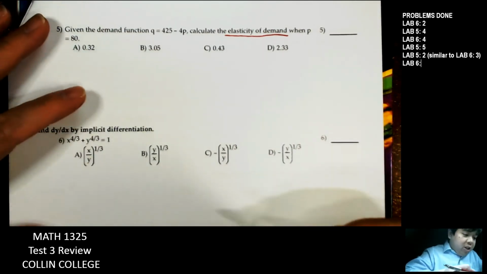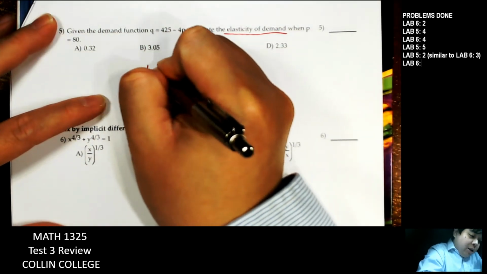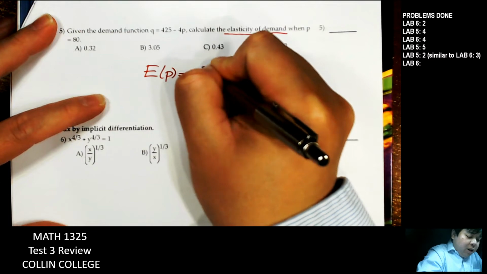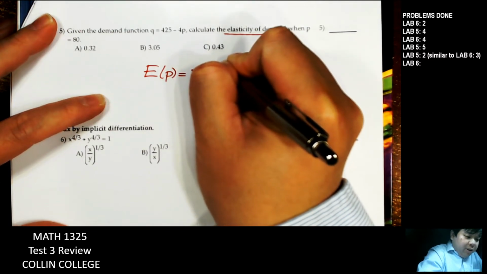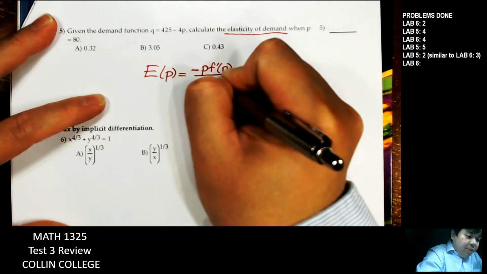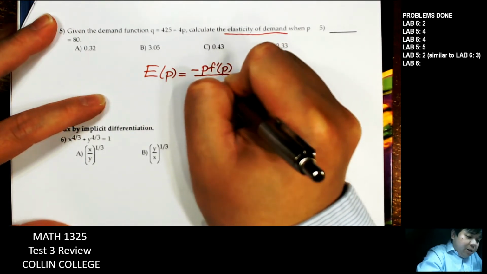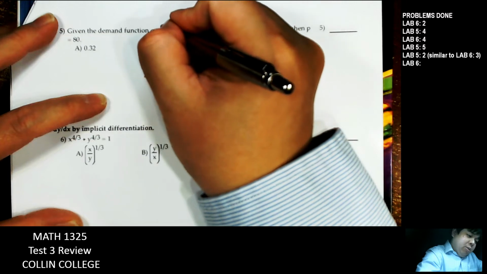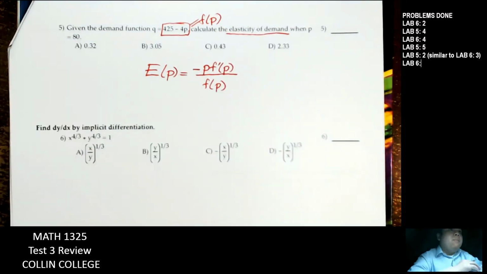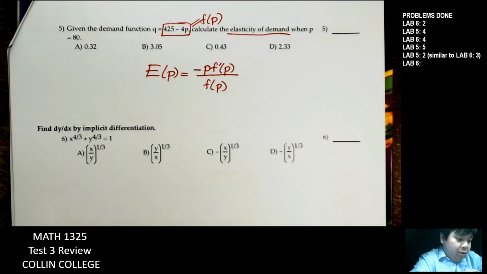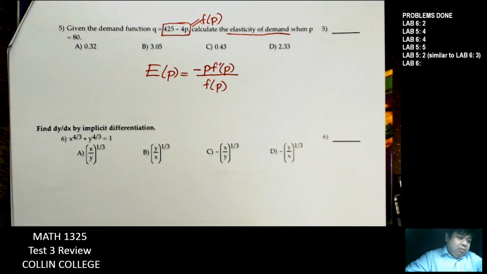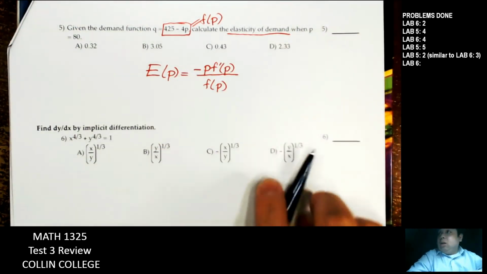This one is elasticity of demand, number 5. Since I'm not going to finish the problem, I'll just start with the elasticity of demand: negative the price times the derivative divided by the function, where this is the function.